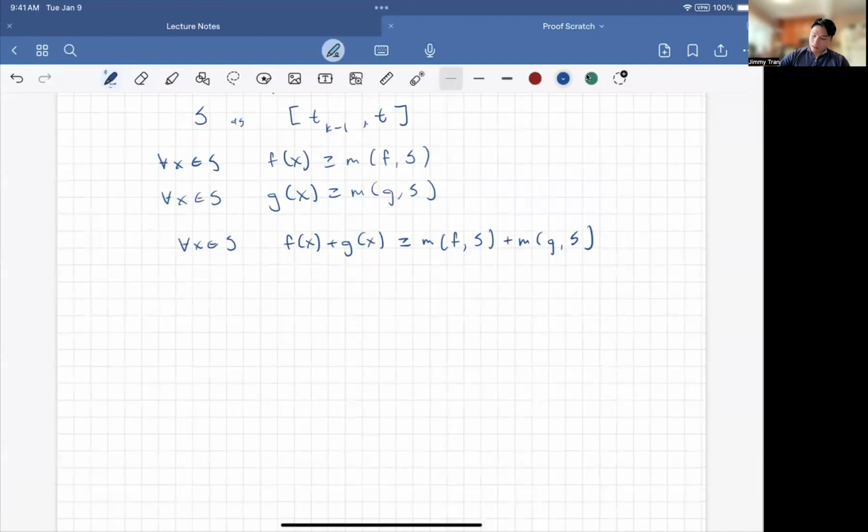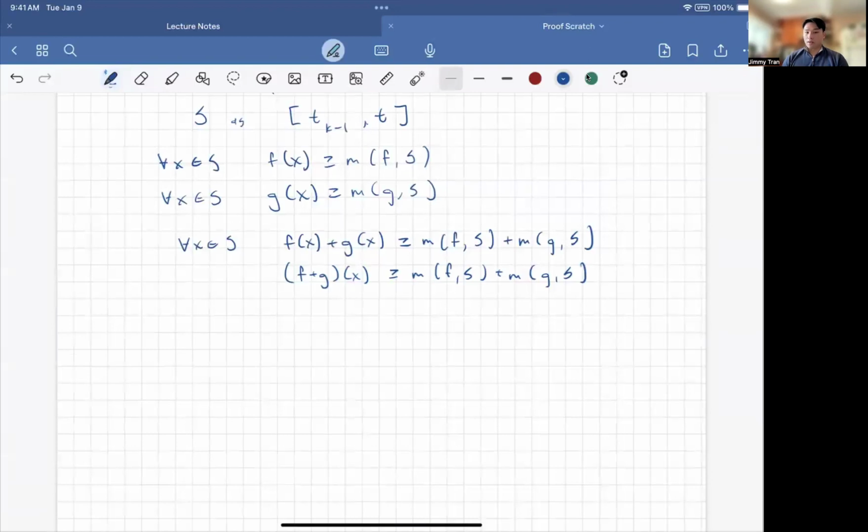So f plus g of x is also greater than or equal to the infimum of f over S plus the infimum of g over S here.